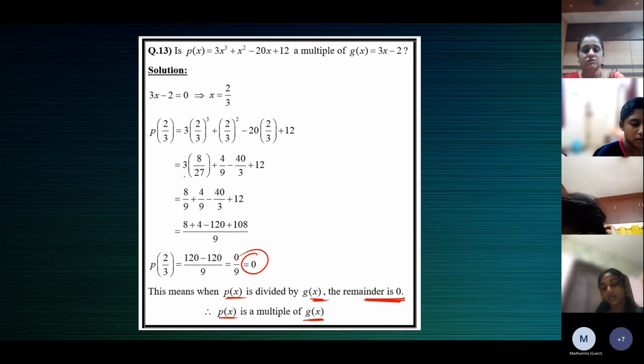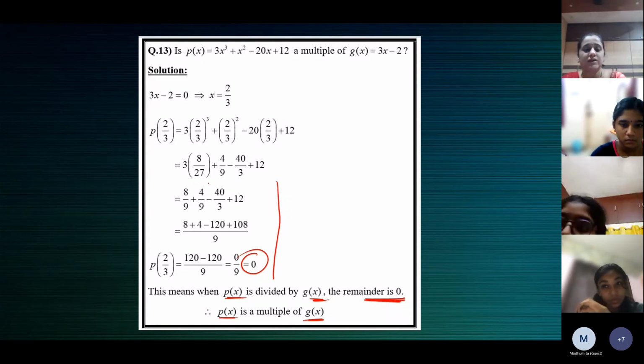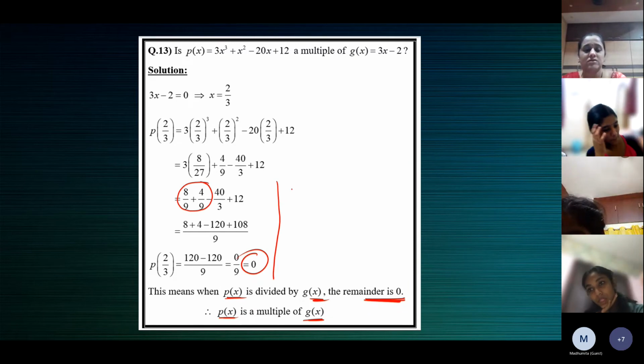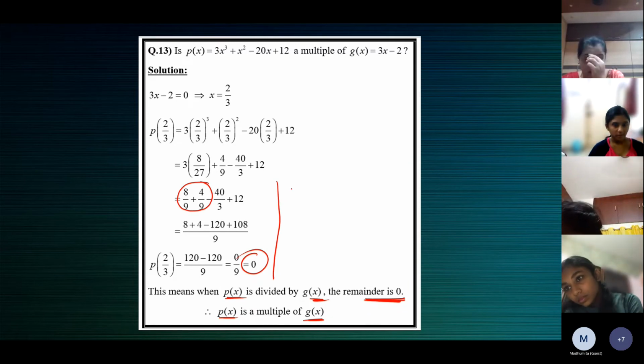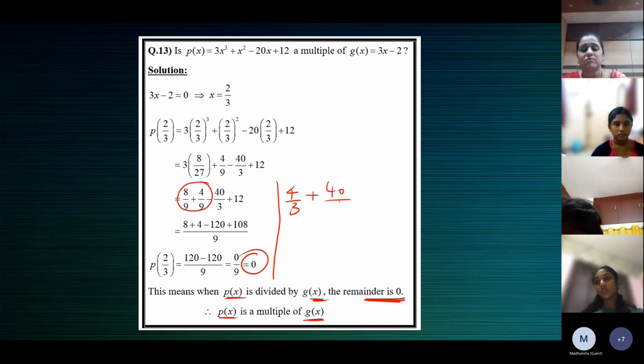You can also, children, as Sindhu was saying, 8 by 9 plus 4 by 9 is 12 by 9. And 12 by 9 is 4 by 3. So 4 by 3 minus 40 by 3 plus 12. So 3 is the common denominator. So 4 minus 40 plus 36.